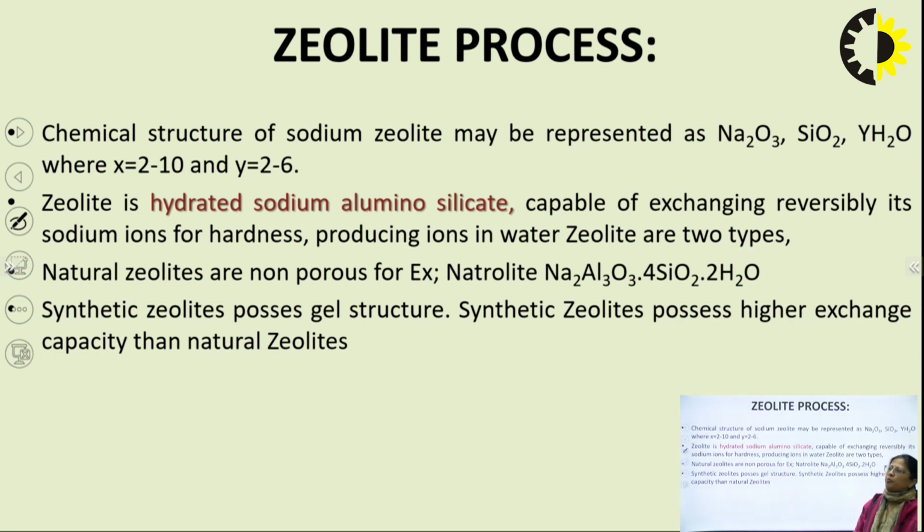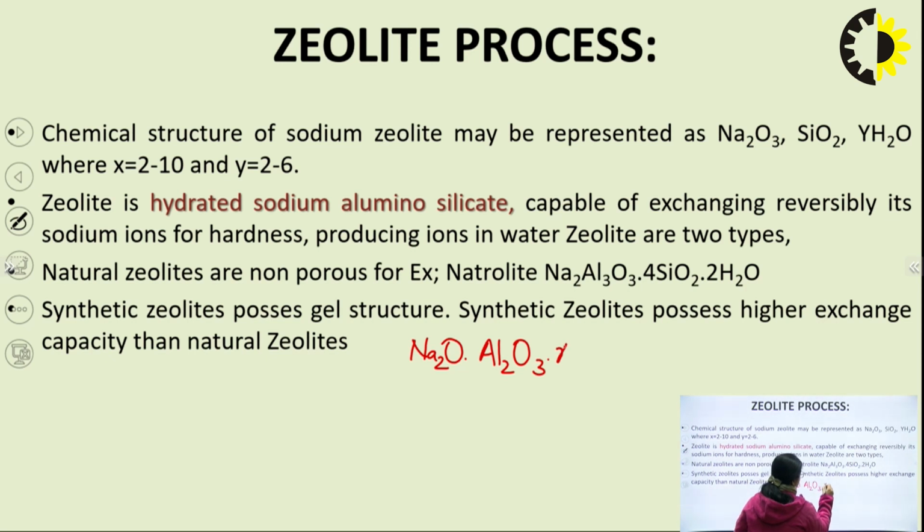Zeolite, or the permutit process, or the boiling stones, have a chemical structure of Na2O, Al2O3, xSiO2, yH2O. So their complete structure is as given, and this x and y are variable.